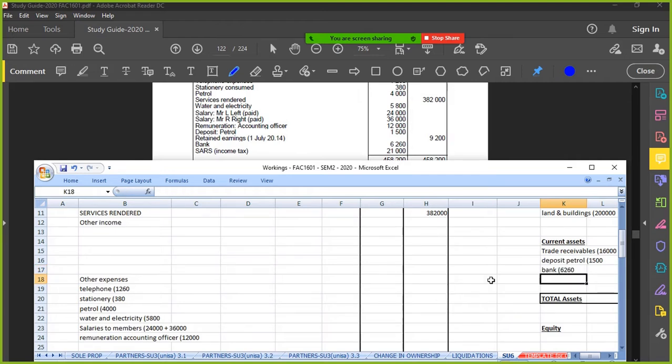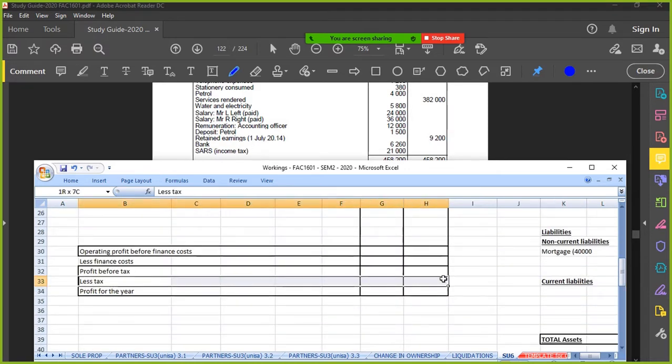Last one. SARS is a liability. No, it can't be a liability if it has a debit balance. Expense. The bracket says income tax, so that means tax.